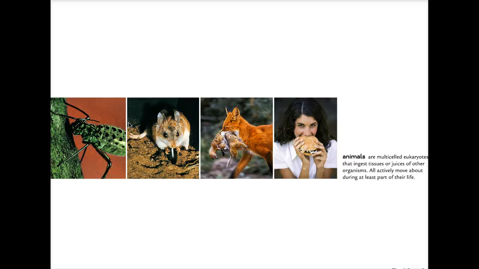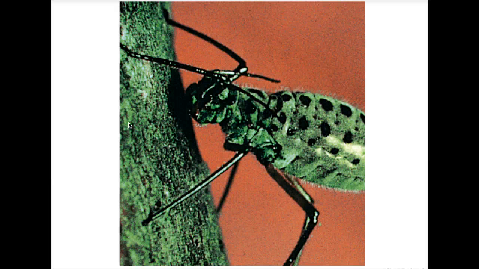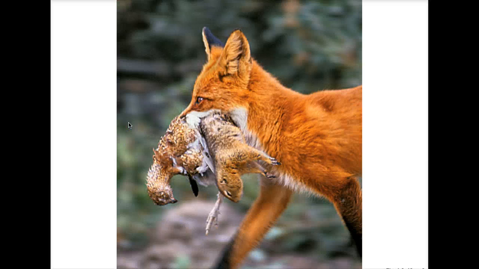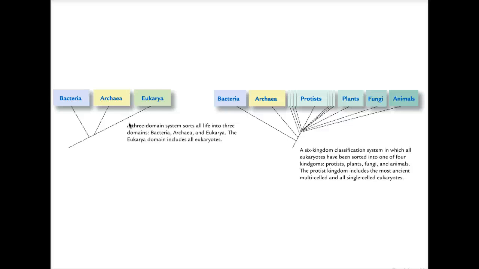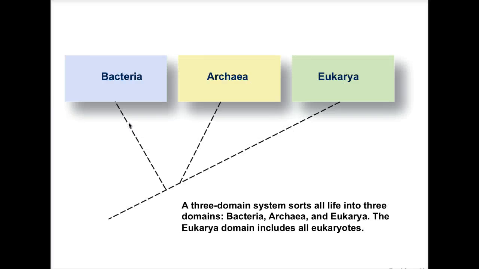And even within the animal kingdom, we see a large array of diversity. So to summarize, there's a three-domain system that all life falls into: bacteria, archaea, and eukarya. And the eukarya domain includes the protists, the plants, the fungi, and the animals.